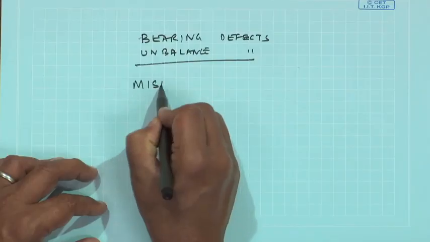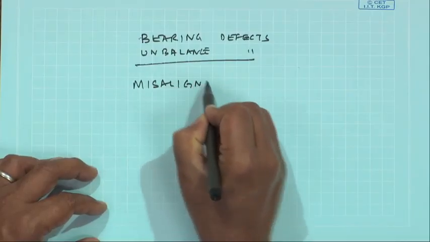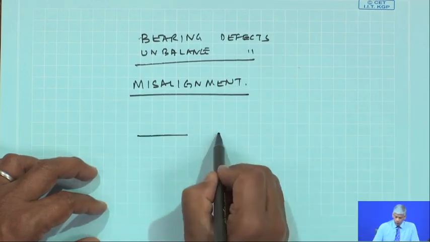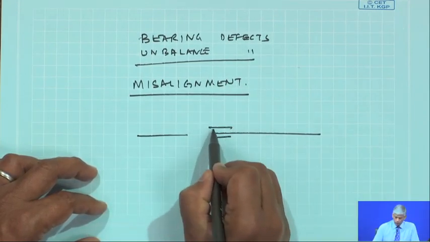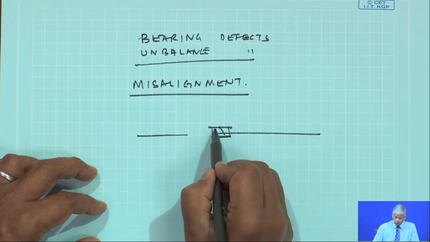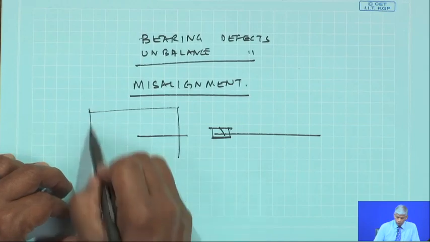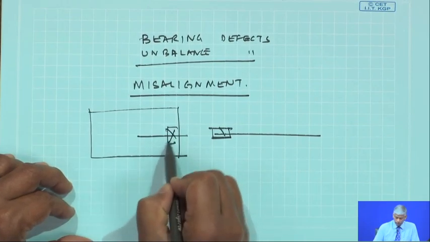But later on we will see, when we talk about misalignment, there will be additional forces coming to the coupling, and this will also give some forces to the bearings.